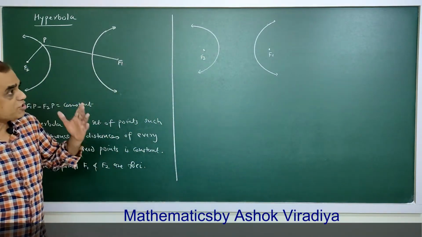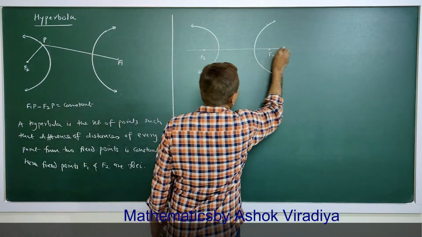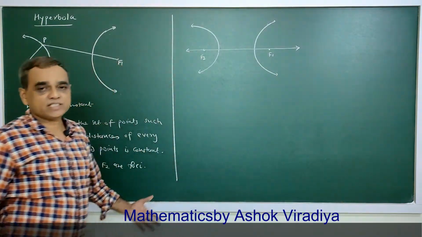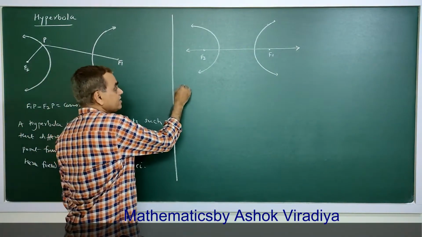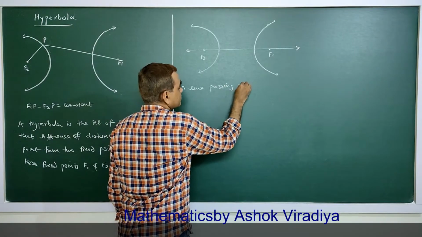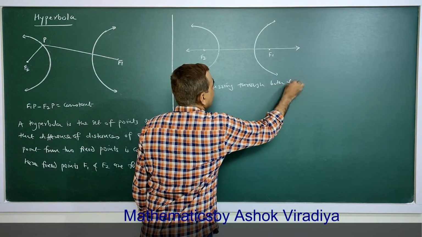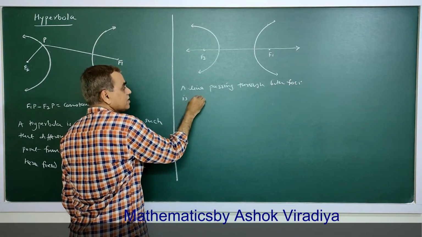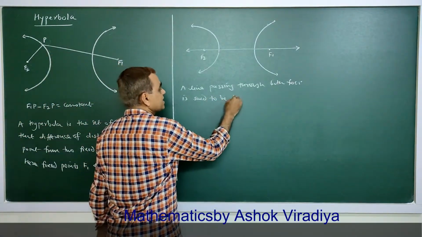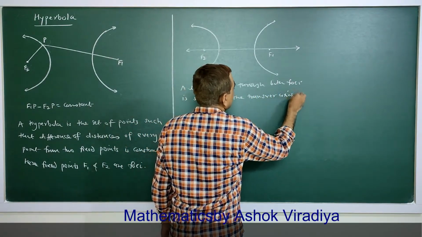Now, if I join these two points by a line, then this line is said to be the transverse axis. So a line passing through both foci is said to be the transverse axis of this hyperbola.